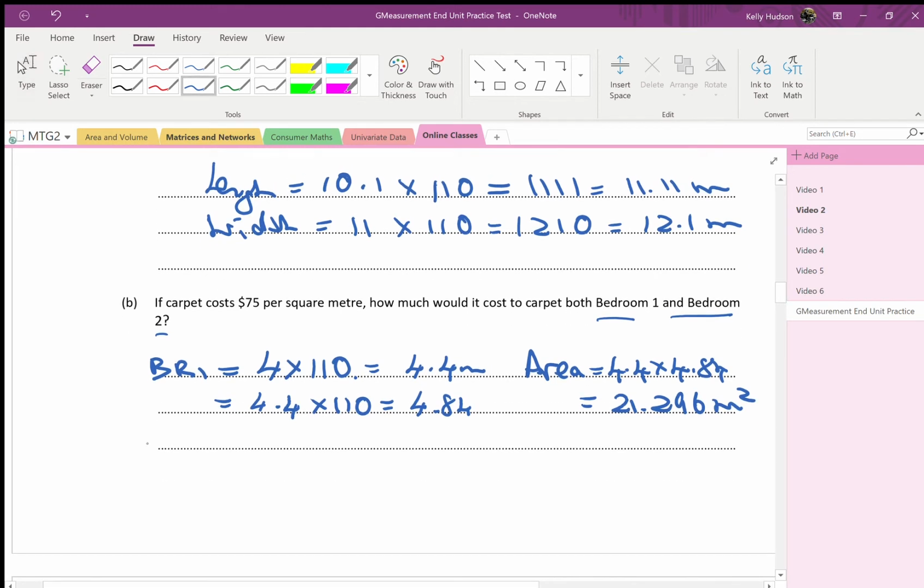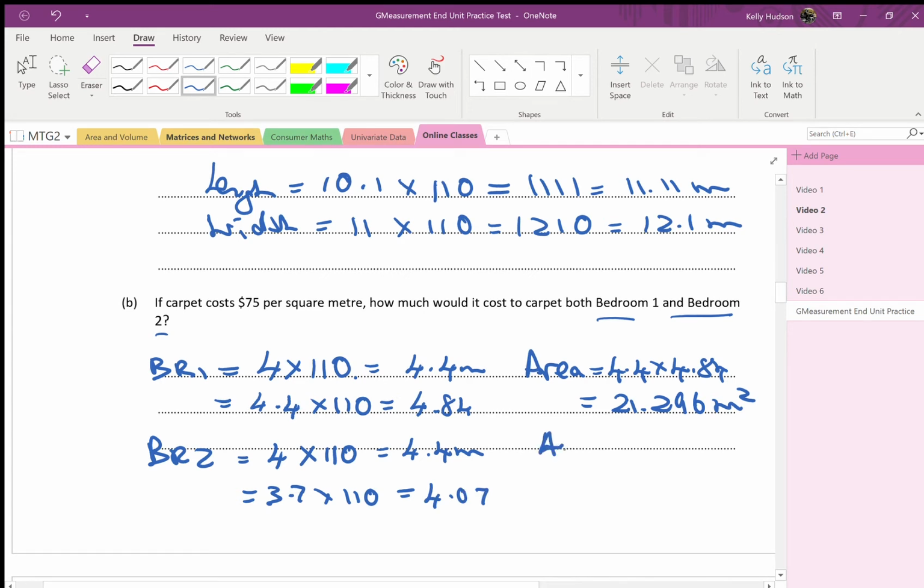So bedroom 2 is approximately 4 metres as well by 110. That produces about 4.4, the same as above. And the other dimension is 3.7 multiplied by 110, divide by 100, and that works out to 4.07.